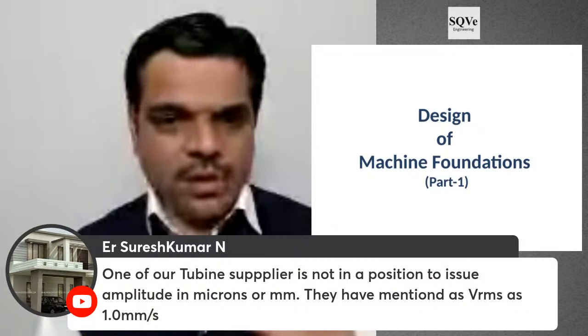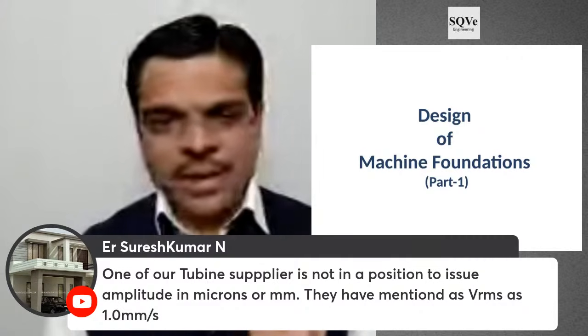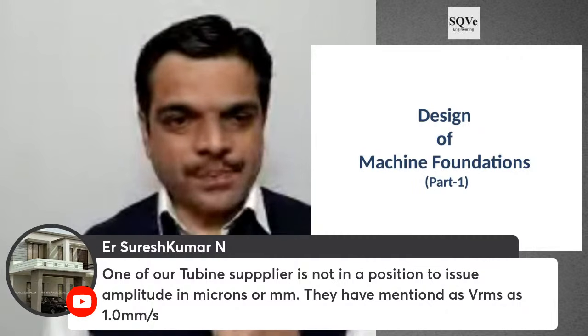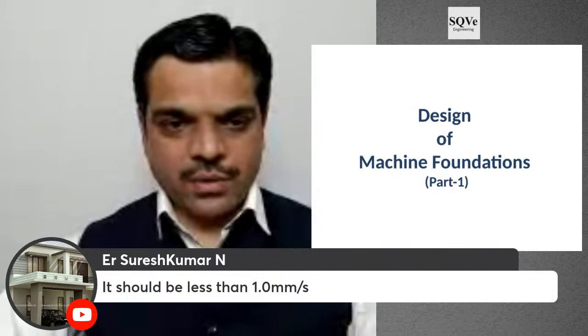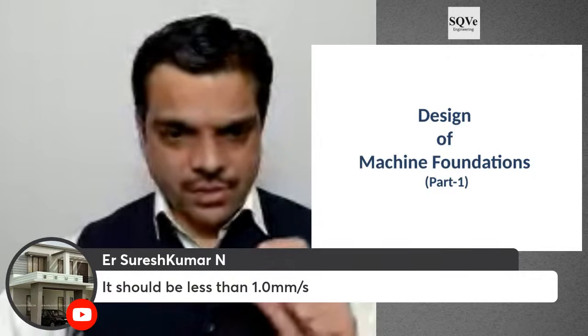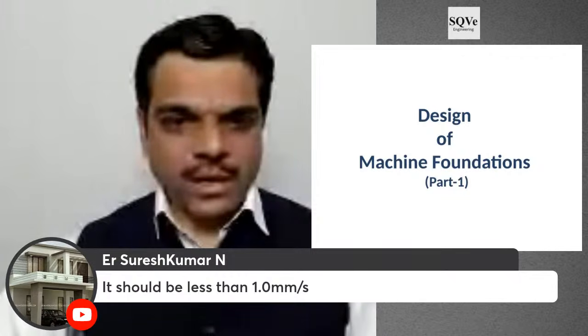You will be able to take the graph of displacement, velocity, as well as acceleration. After getting that graph from the forced vibration analysis, you need to check that this VRMS is less than 1 mm per second.